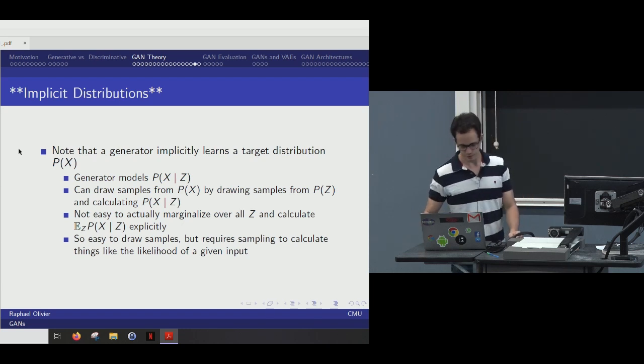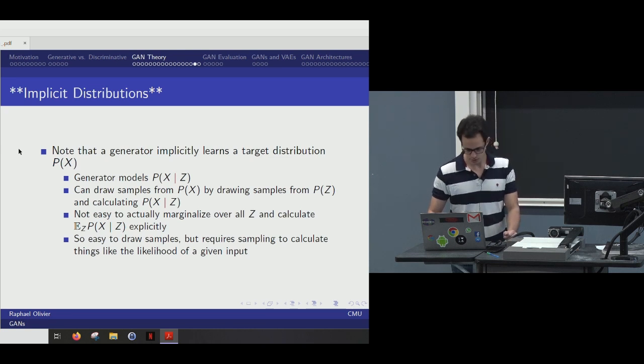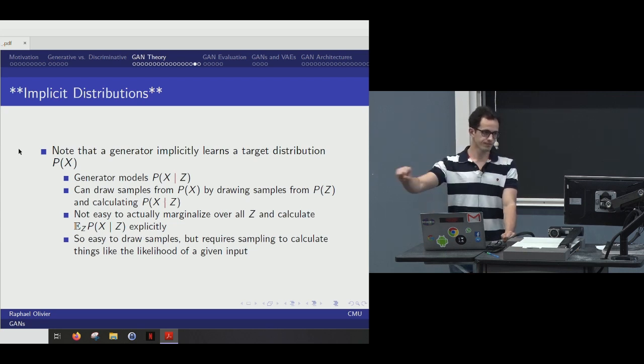But we're going to see a bunch of variations of GANs that are more powerful. But remember that, again, you're not able to assign a probability to an actual image. All you're able to do is generate images. Another thing you don't have is the encoder that could associate an image to its latent representation.